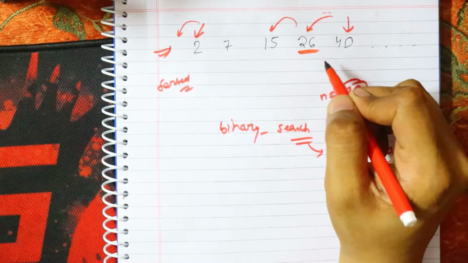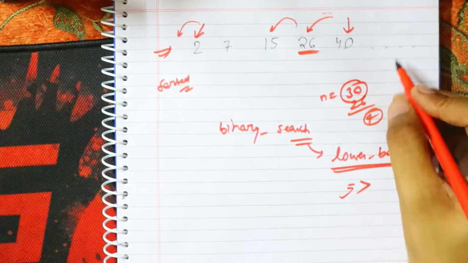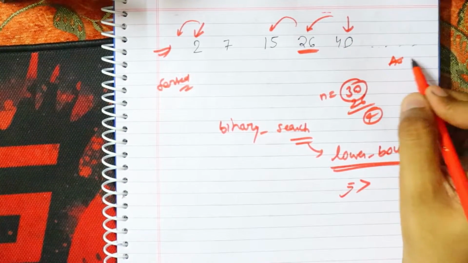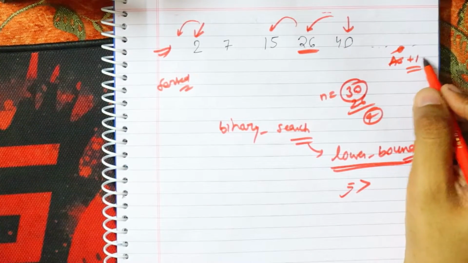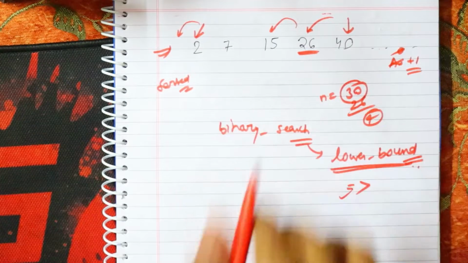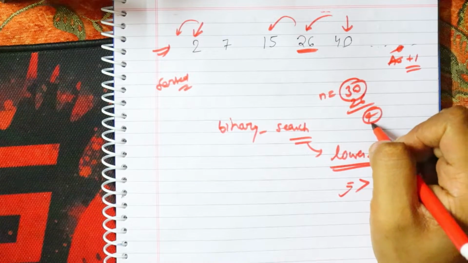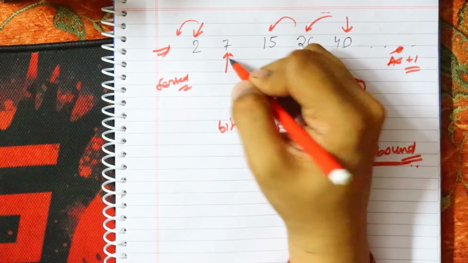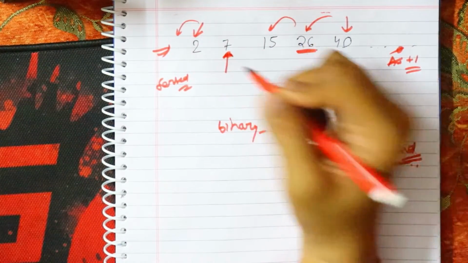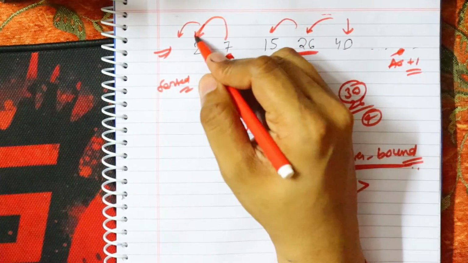Now 26 will be subtracted from this, the remaining will be 4, and in my answer I will add plus 1. Initially it is 0, now it is 1, because now I can make one whole pyramid. Now I have 4, so it will search again for 4, and it will mark its iterator here, but it is not equal, so it should move one step back.